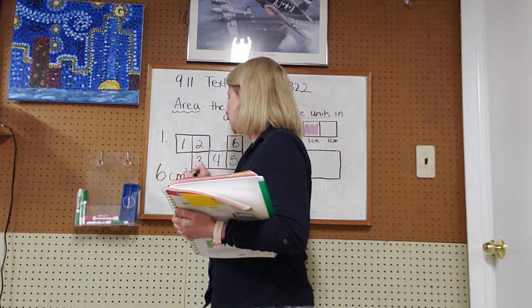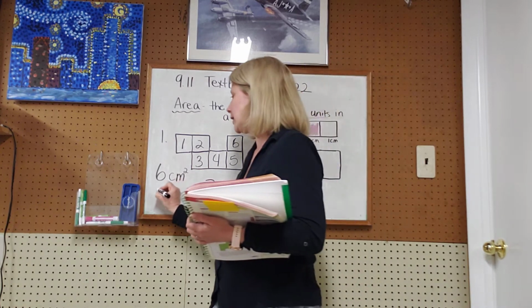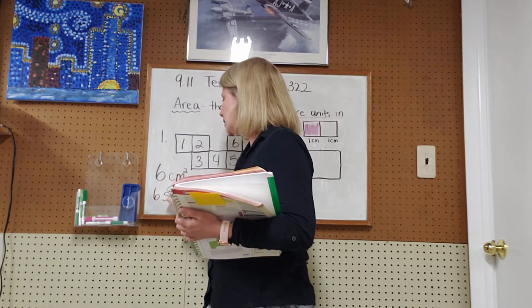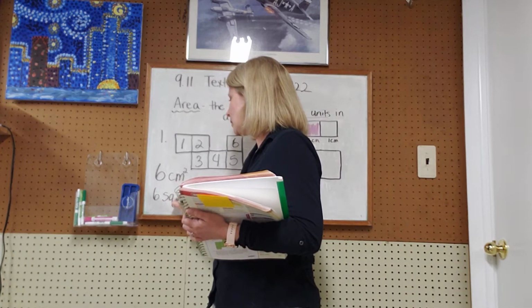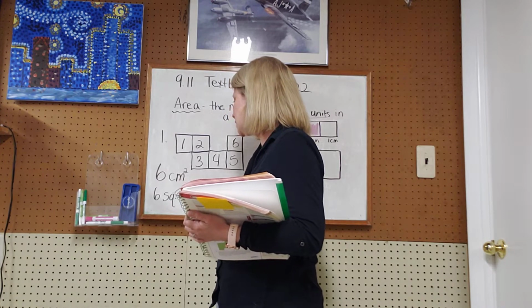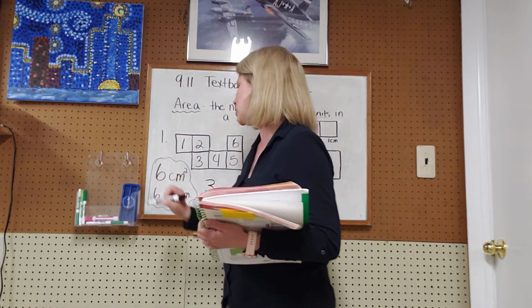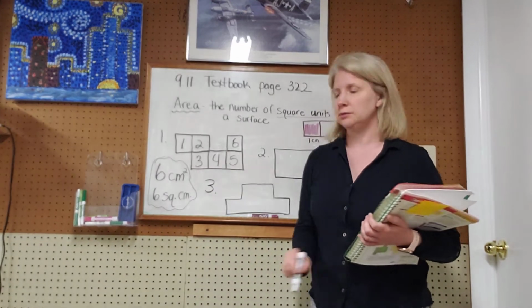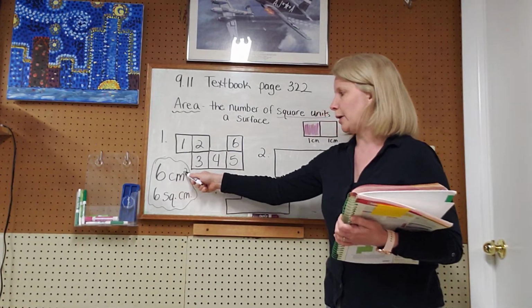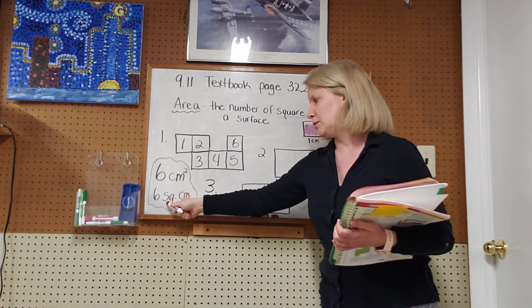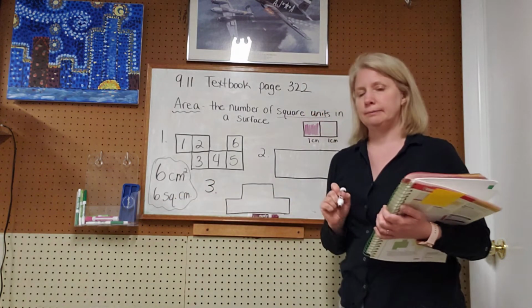In squared, you put a little 2. Or you could write it 6, abbreviate square, and abbreviate centimeters. You could have any of these for number 1.